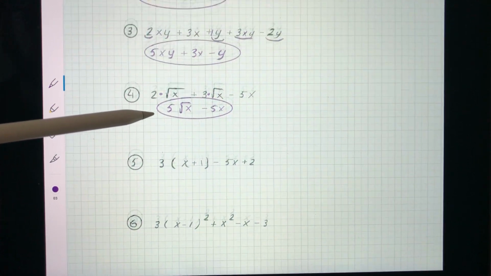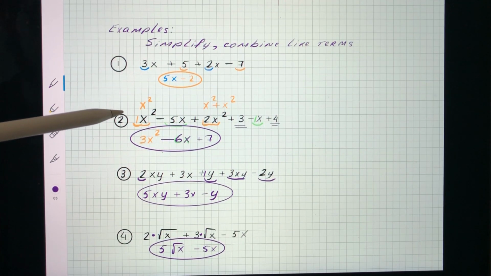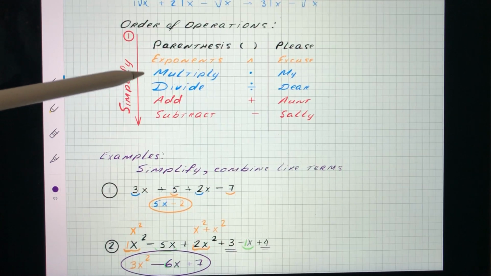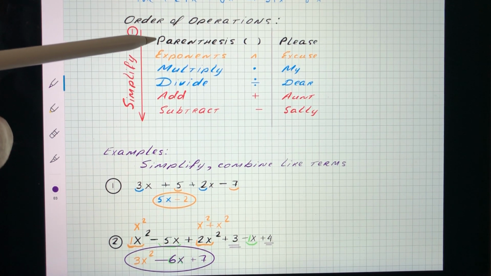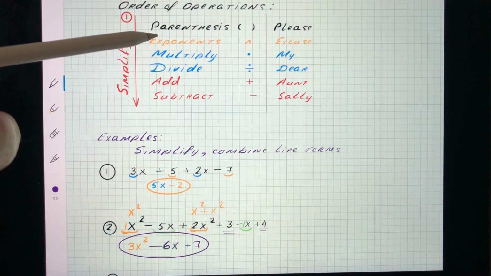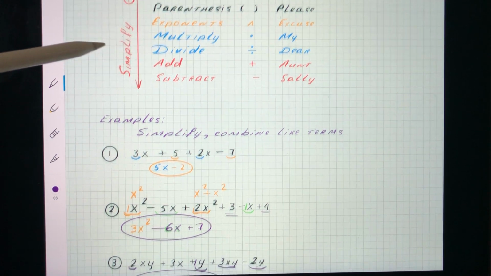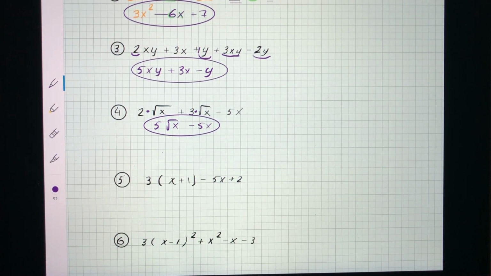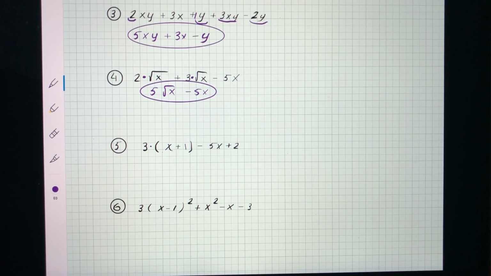Multiplication. So when we do the simplification, again, we start at the top and we look at, are there any parentheses? In our example, there was no parentheses. Exponents, no. Multiplication. So multiplication is between the numbers and parentheses. This is the multiplication. So what is 3 times the quantity x plus 1? How do we multiply?